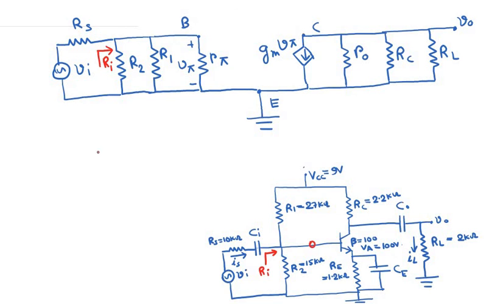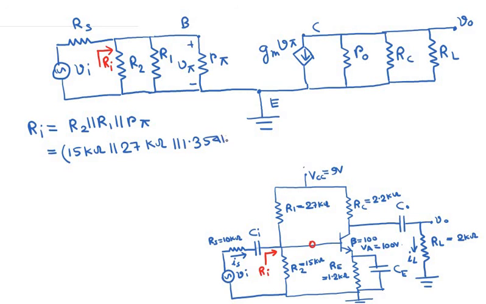So Ri is equal to R2 parallel to R1 parallel to R pi, which is 15 kilo ohms parallel to 27 kilo ohms parallel to 1.354 kilo ohms.